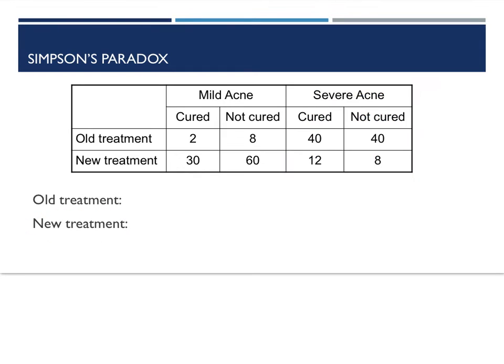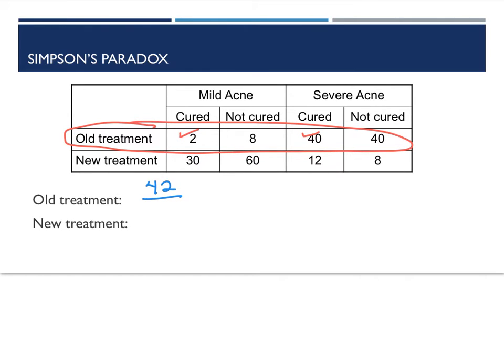But here's where strange things happen. What if I totally ignore whether there was severe or mild acne? What if I just looked at all the people who took the old treatment? If I do that, I have 2 plus 40, 42 who were cured out of how many people took the old treatment?